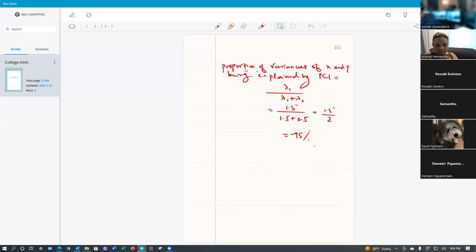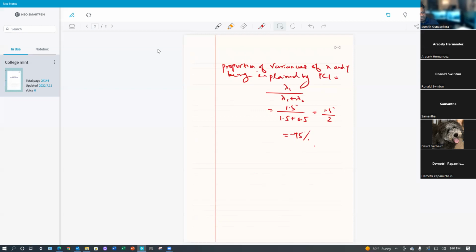Whose proportion? Why am I talking about the proportion? Then you're going to consider PC1 and PC2 together. Out of PC1 and PC2, if you put them together, PC1 explains how much of the variation of x and y? 75%. How much variation of x and y is explained by PC2? 25%. Together.